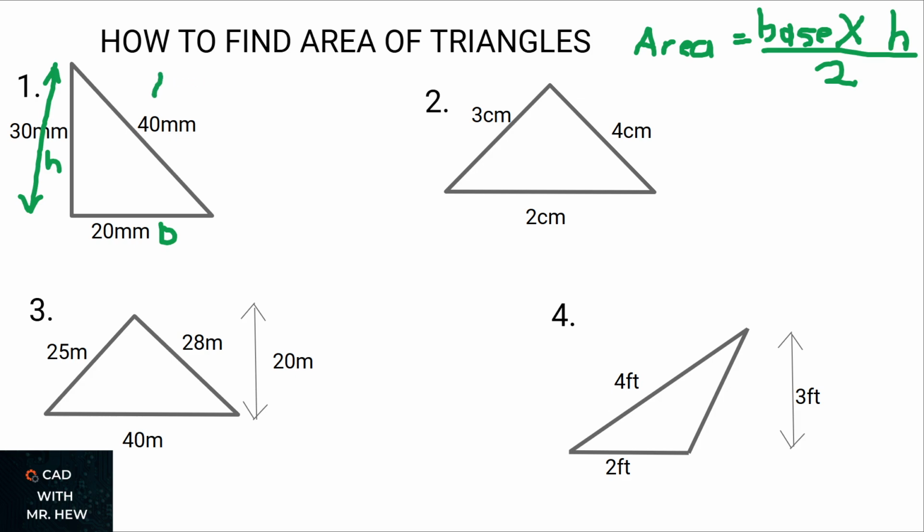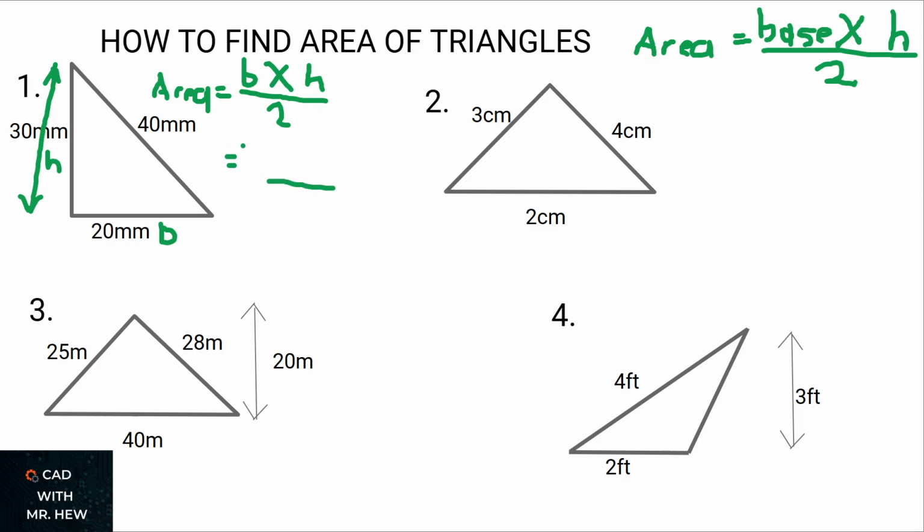A, area, is equal to the base times the height, divided by 2. Then we put another equal sign here.